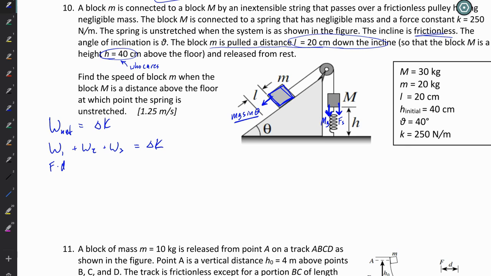So once things are released from rest, the system is going to be going in this direction. One of the forces driving the system is Mg, and that's pulling things down. So we've got big Mg times the distance that it travels through.